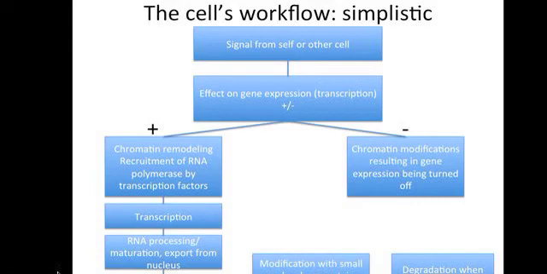Then you'll get some kind of post-translational modifications, which will further affect the protein's function. And usually when things need to be turned off, the protein will be degraded. When you have repression, usually it's tightening up the chromatin or making things go away, so you can't get methylation, perhaps, so you don't get gene expression.